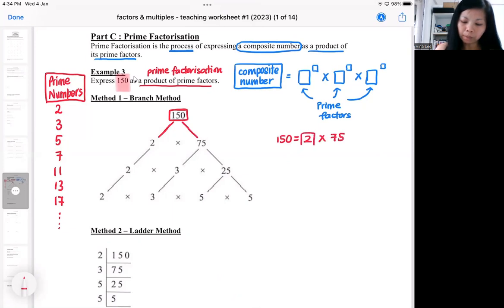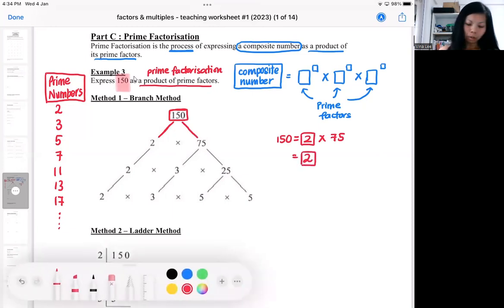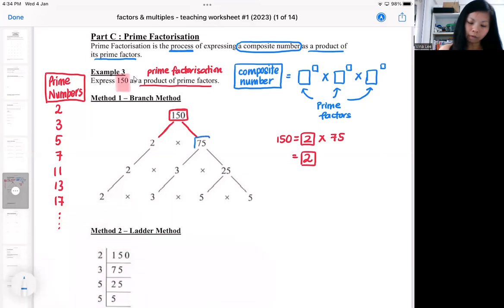The 2 is already a prime number, so don't touch it anymore. Then you are supposed to change the 75 one more time. So 75 is 3 times 25. You can use your calculator. I'm using the second prime number, so it will be 3 times 25.